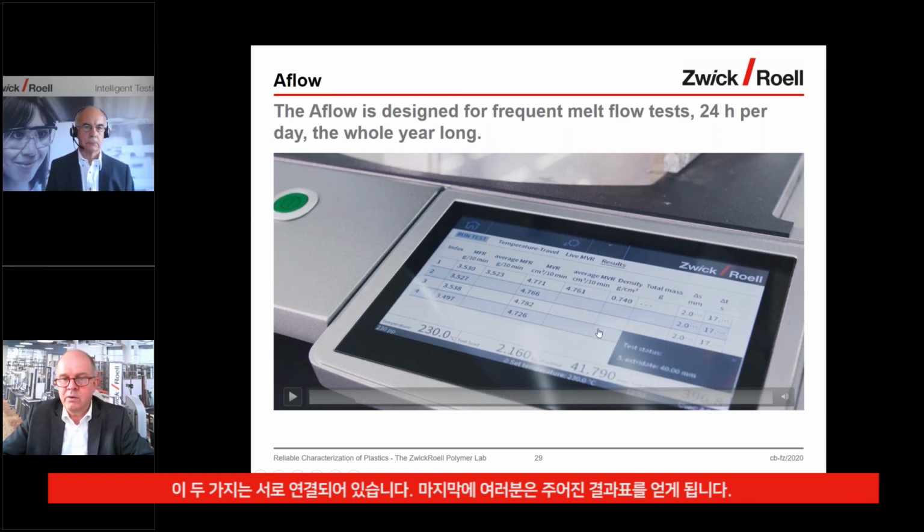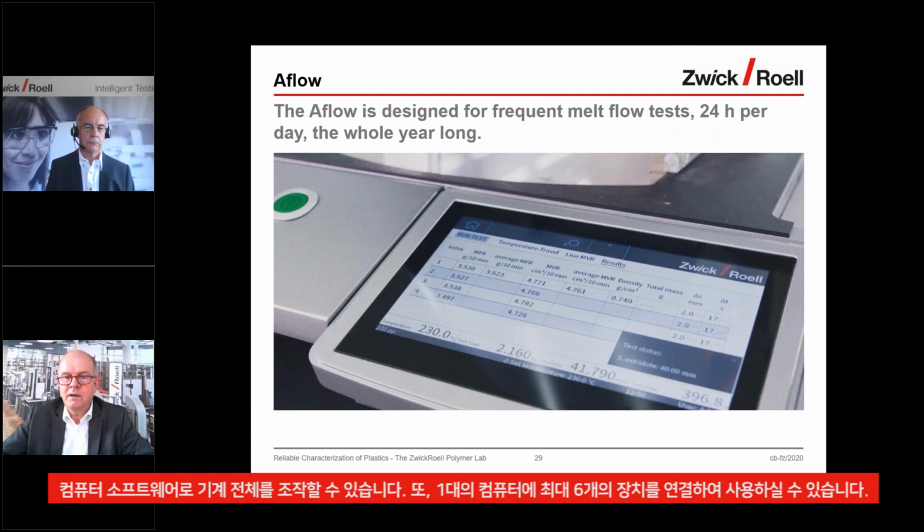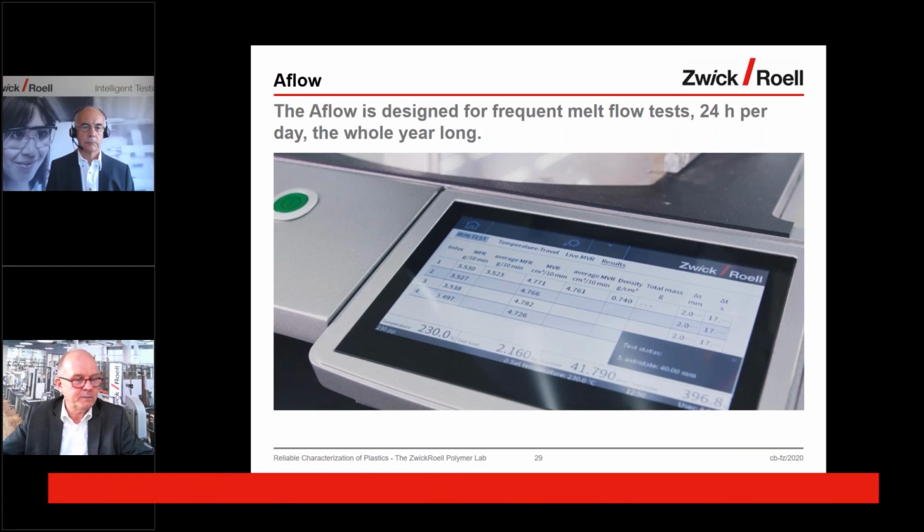Sure, you can also connect the M-flows and the A-flows to our Test Expert, and then you have the whole control of the machine on the PC by the PC software. And this PC software also allows you to connect up to 6 units to only one PC.